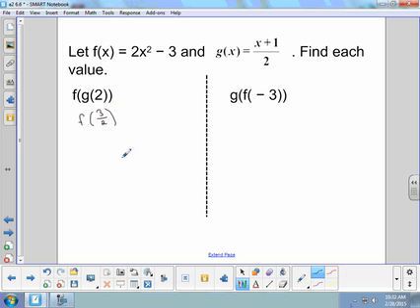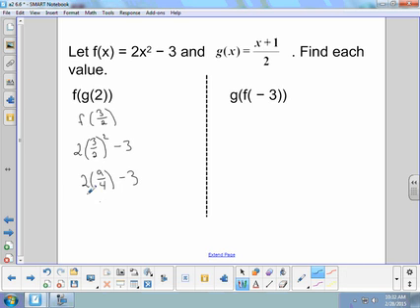So let's go ahead and do that. That would be 2 times (3 over 2) squared minus 3. Order of operations. Square your exponent first before you multiply. That's going to give me 18 over 4. Well, let's reduce that.